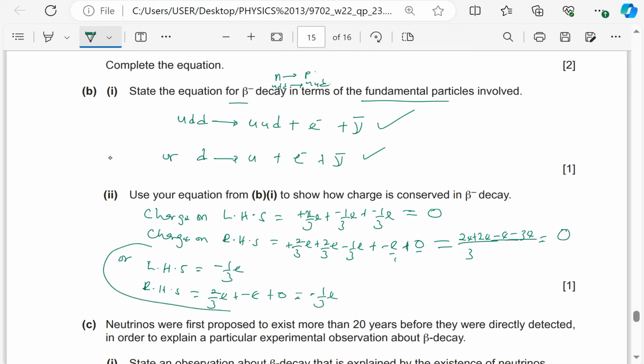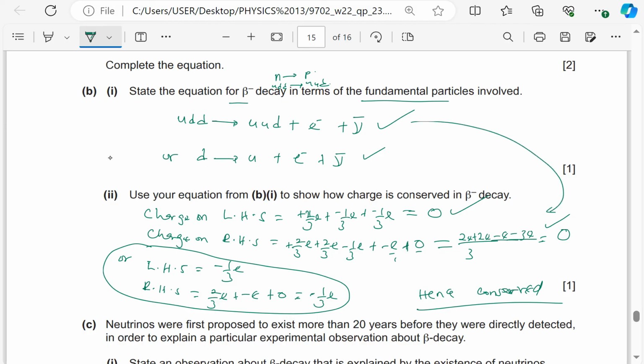So I either use the first method or the second method, and I'll just conclude, hence conserved. The charge is the same, so it means it's conserved.